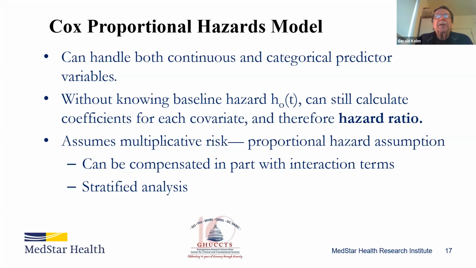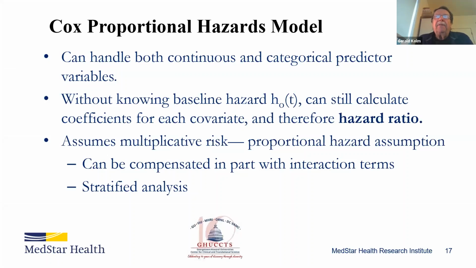We can still calculate the coefficients for each covariate and therefore the hazard ratio, which is just the exponent of the coefficient. But again, as the name implies, it assumes proportional hazards, also called multiplicative risk.